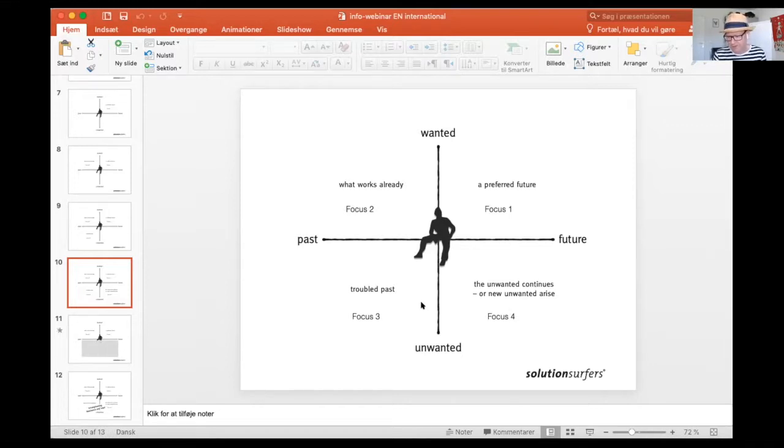What would you do differently? And if you're anxious about new problems arising, then how would you go about it so that it doesn't happen? What would you notice instead? And I found it really, really helpful. That was it. And the non-solution focused people were completely, yes, of course.